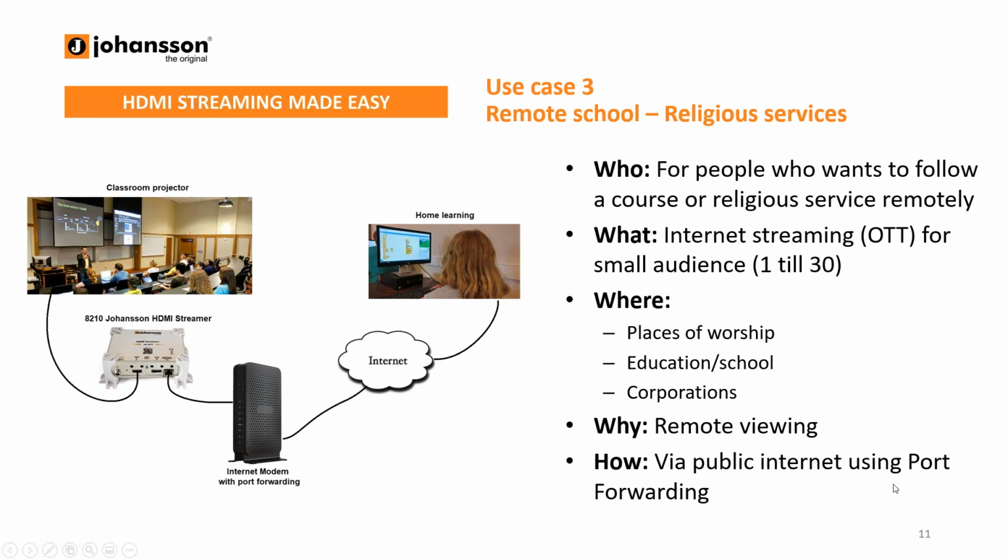So again, we don't use something like YouTube. People can directly connect to the HDMI streamer because they are at home connected to the internet. We cannot directly connect to the streamers, so we need to use port forwarding. I will explain that in the next coming slide in the advanced configuration, but this is a typical setup which is easily doable with our streamer.